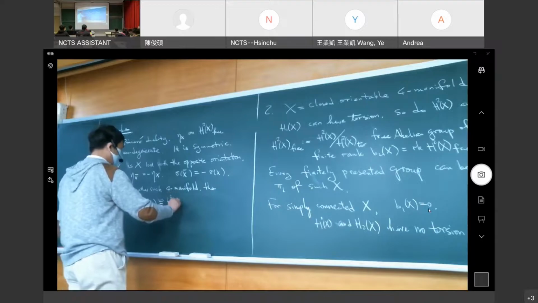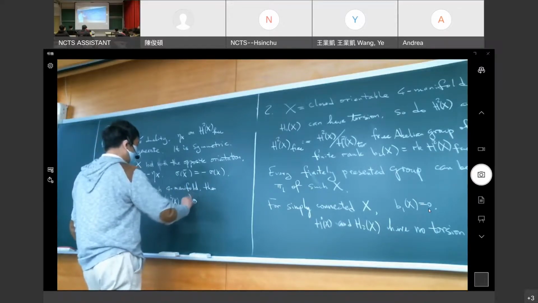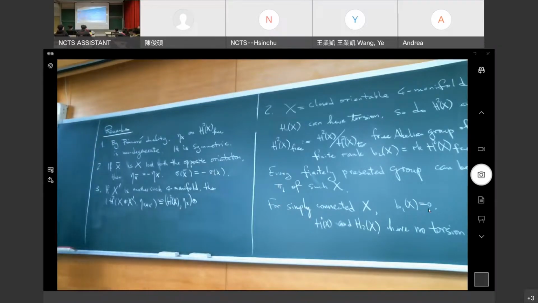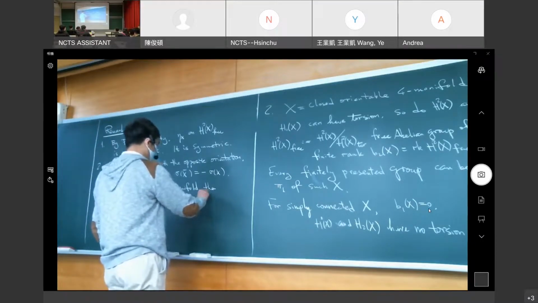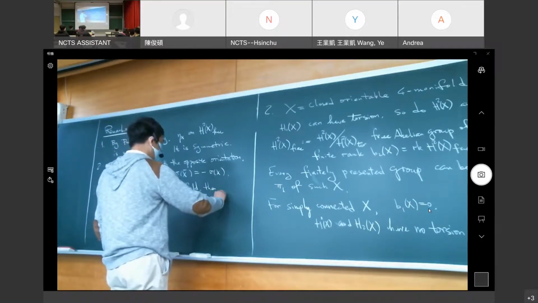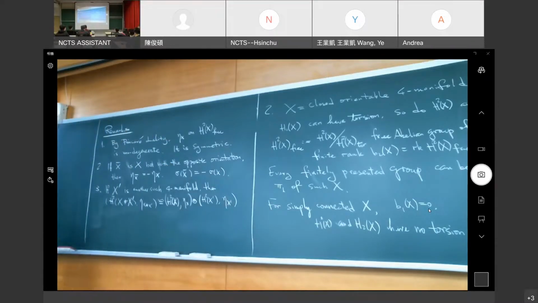The H2 part we already discussed. But why is the intersection form also a direct sum? This follows from a simple consideration in topology, which I leave as an exercise.